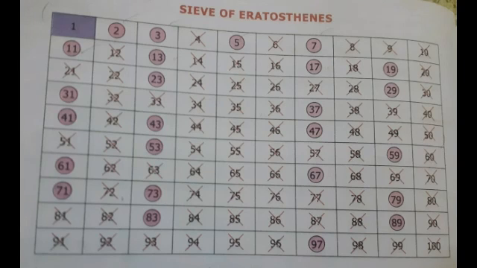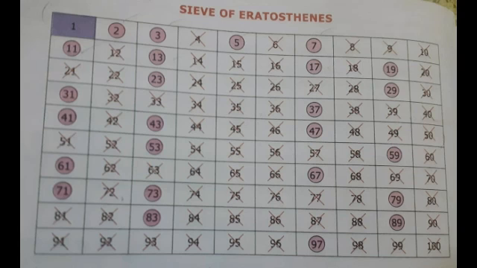When we divide 1 by 1, we get the remainder 0. So 1 is neither prime nor composite. Then the next numbers are 2, 3, 4, 5. Likewise we can write up to 100.